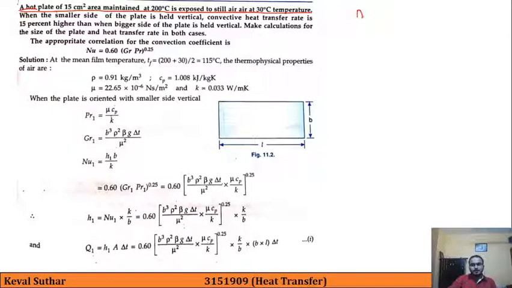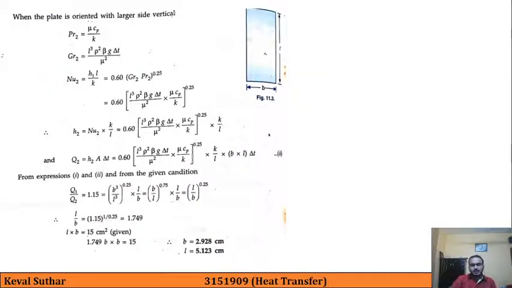So we are given area which is equal to 15 centimeter square, and it is written that when the smaller side of the plate is held vertical, that is, the arrangement shown over here, the smaller side B is held vertical, the convective heat transfer rate is 15% higher than when the bigger side of the plate is held vertical. That will be the second case here, shown as this.